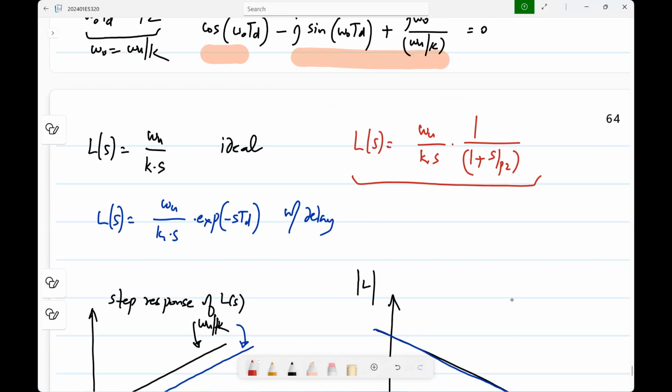Okay. You can just split it up into partial fractions, right? And then take the step response of each part. Okay. Write it down. Please write it down and sketch the step response.